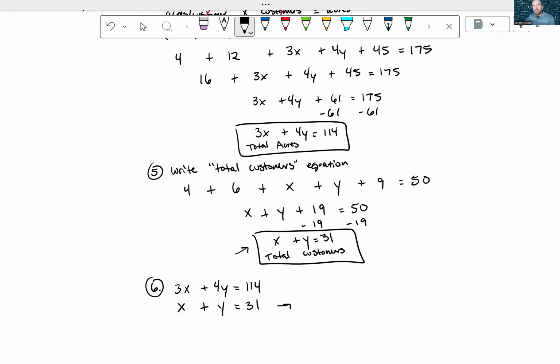So we're going to minus y from both sides just on the second one. And we get x equals 31 minus y. Now we know what x is, and we're going to plug in all of this for what x is into our first equation that we haven't manipulated yet.